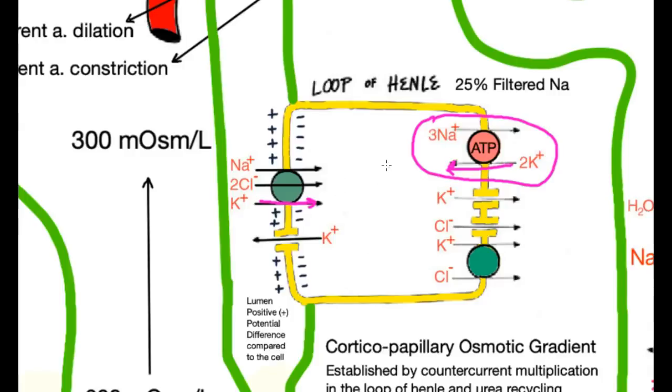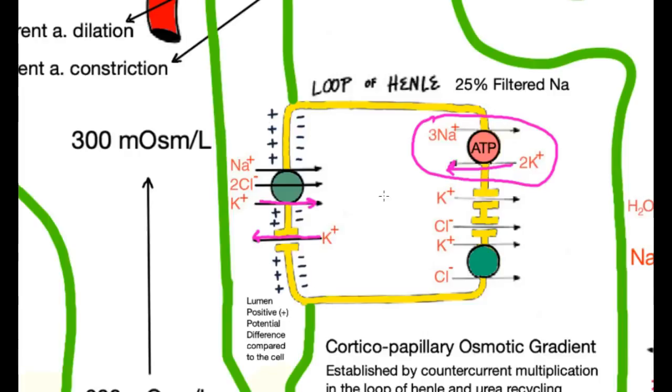And this whole system wouldn't work if there was not a potassium leak channel. Oh, fortunately there is, right? So this is called ROMK, and so this will allow potassium to leak out of the cell. And so thanks to this, it will generate a potential difference where the lumen will be slightly positive and the cell will be slightly negative.